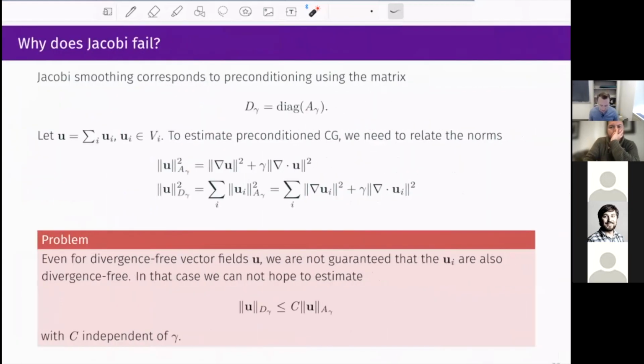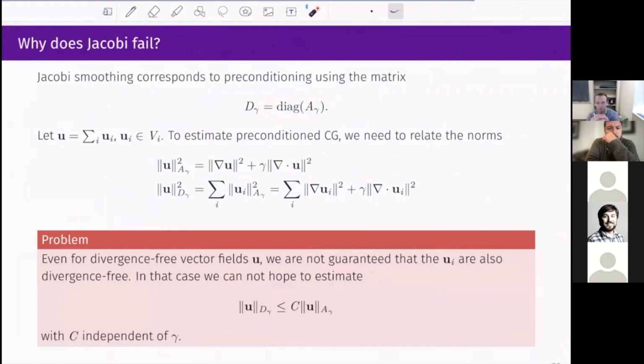Okay, and so the way we do this is we try to understand why Jacobi smoothing fails. And that's going to essentially tell us what the constraint is that we need to require for our subspaces. Jacobi smoothing is essentially just using the diagonal of your matrix as a preconditioner, right?